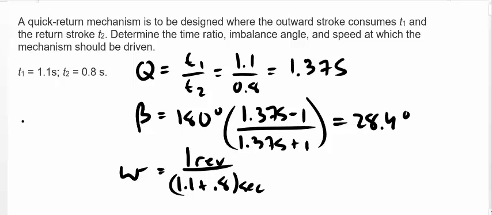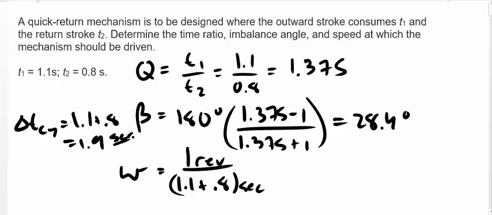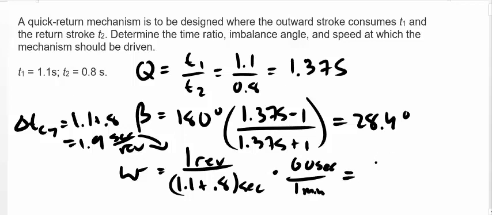So the cycle time is 1.1 plus 0.8, which is 1.9 seconds per revolution, and we're just inverting it for this omega. Then multiply it by 60 seconds divided by 1 minute to get RPM, which is 31.6 RPM.